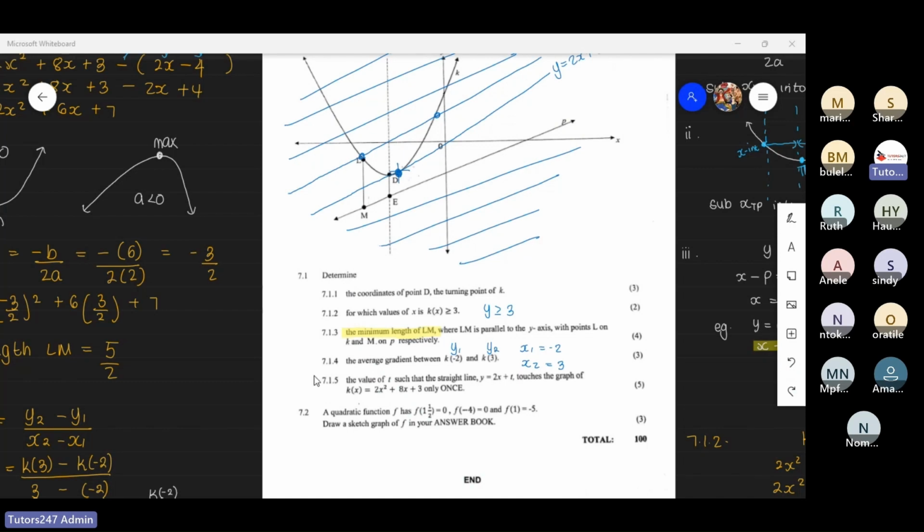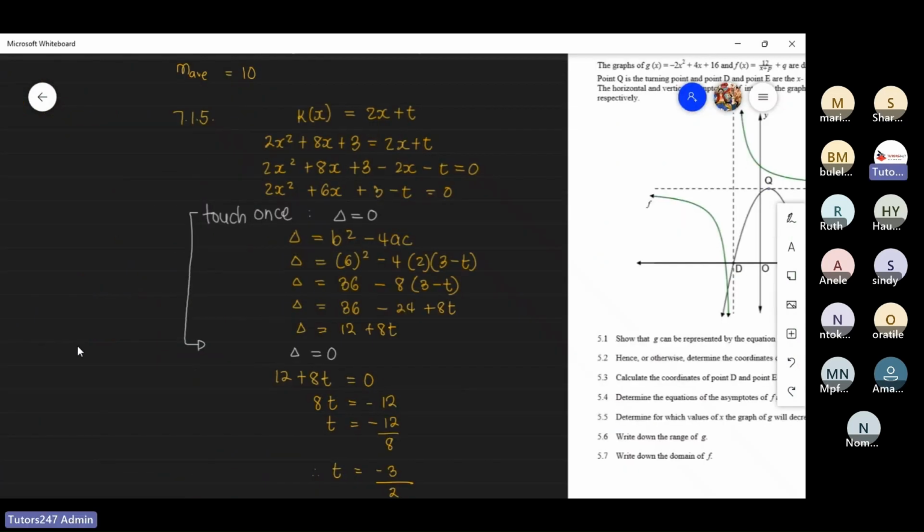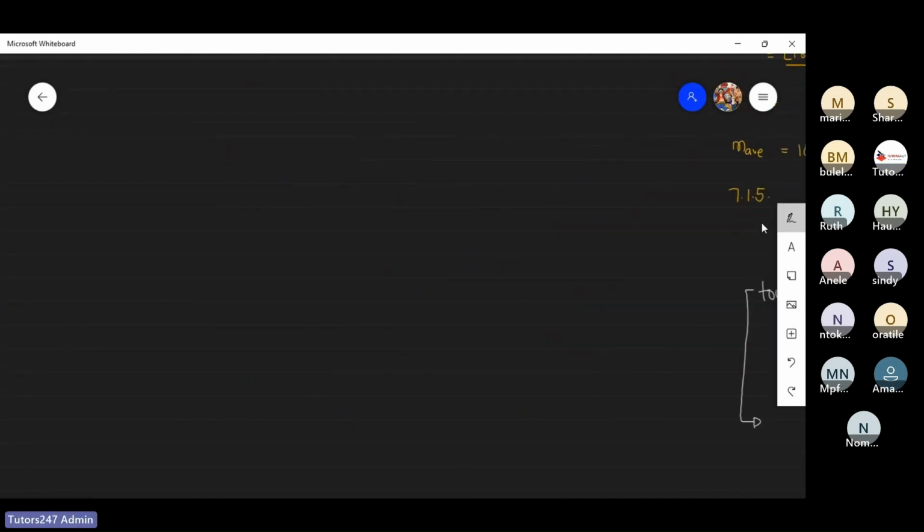In addition to that, they've also given you a random coordinate. That random coordinate is 1 and -5. So when x is 1, our value of y is -5. So let's try to sketch this graph. We have 7.2. We were given f of 1.5. 1.5 can be written as 3 over 2.